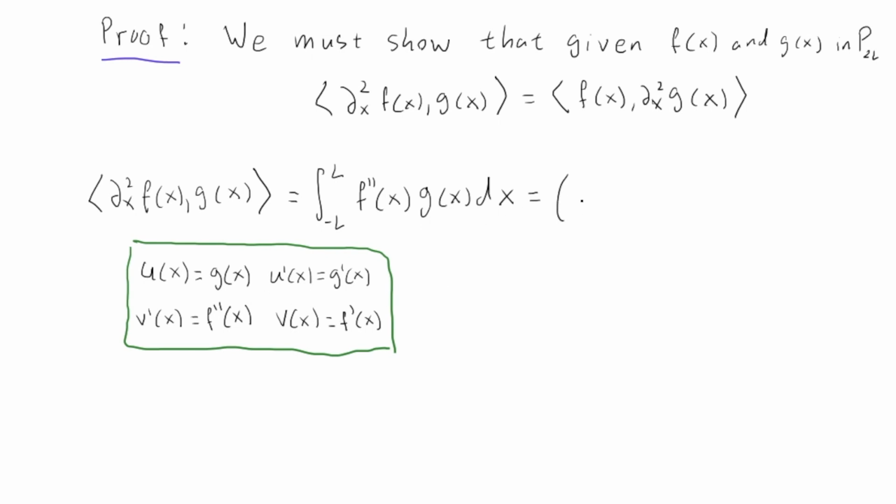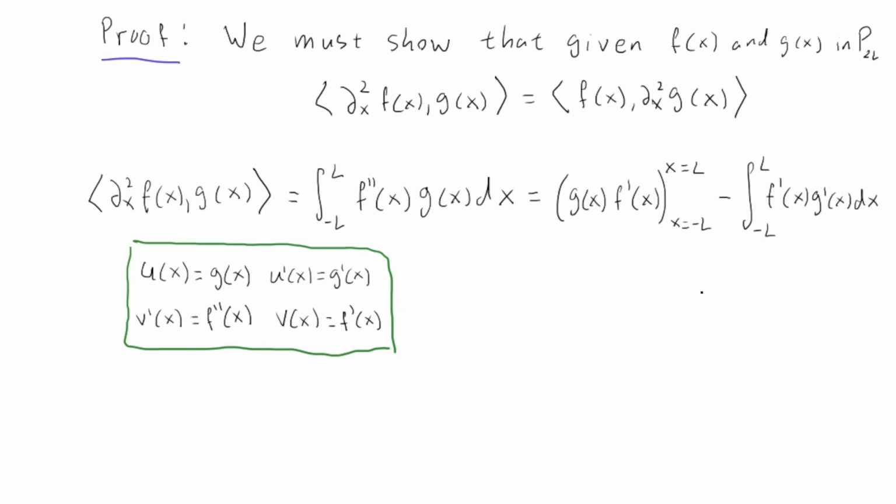So it's g of x times f prime, evaluated at the endpoints, so at x equals L and x equals minus L. Then you get minus the integral from negative L to L of u prime v, which is f prime g prime, or g prime f prime dx.